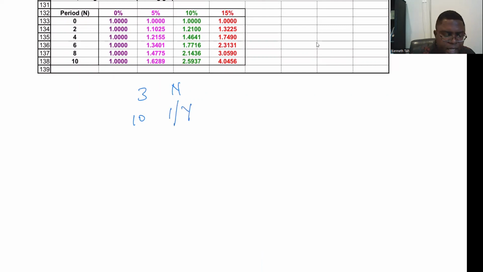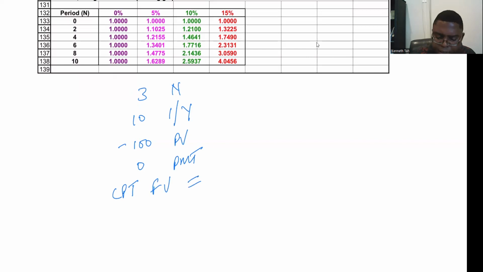I'll press I/Y, and then I will take negative 100, and input present value. Then I will take 0 for payment, and I want the calculator to compute future value. So I'll press compute and then future value, and it will generate an answer.